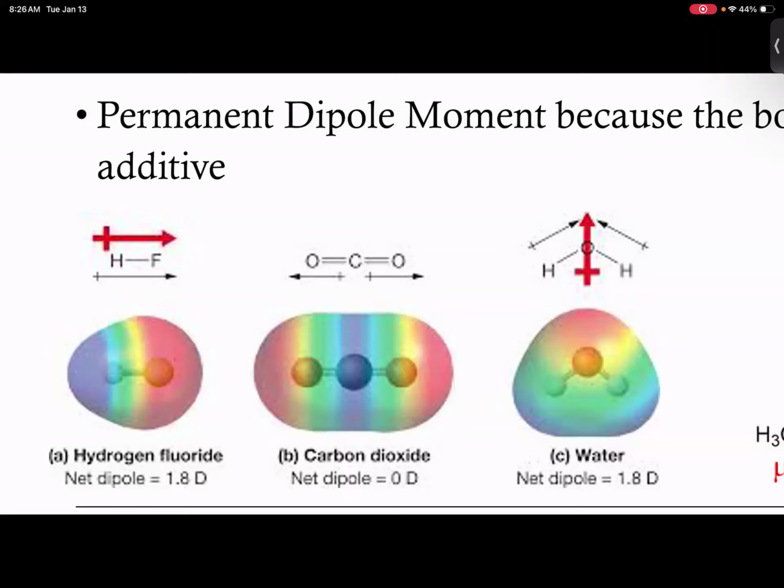It's significantly less than fluorine's electronegativity. And therefore, because fluorine is more electronegative, the electrons spend more time around the fluorine. That's what the red symbolizes. And less time around the hydrogen. That's what the blue symbolizes. We therefore have a dipole moment, which is what this type of arrow symbolizes, that is towards the fluorine.